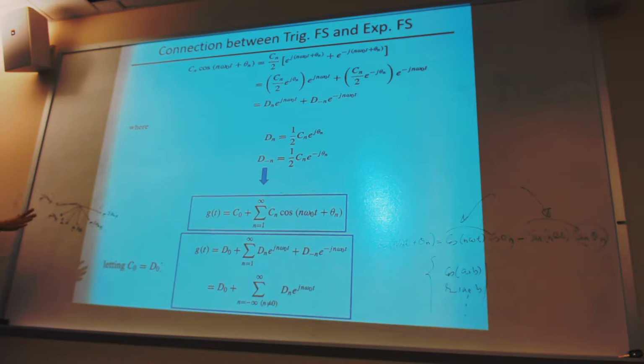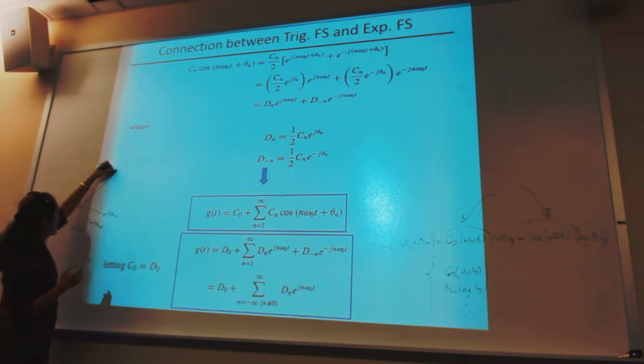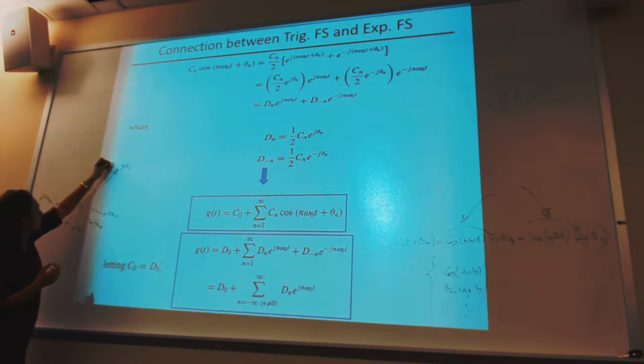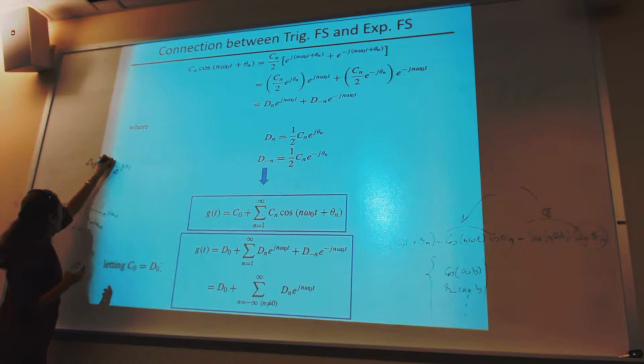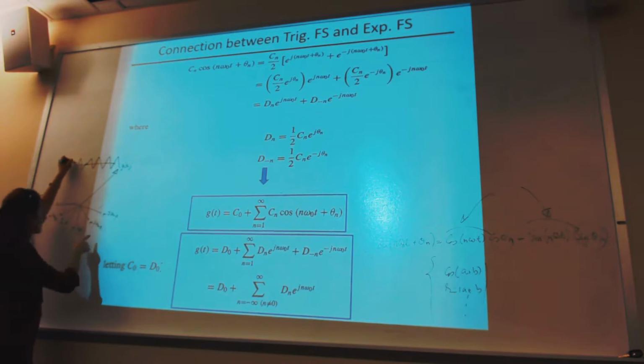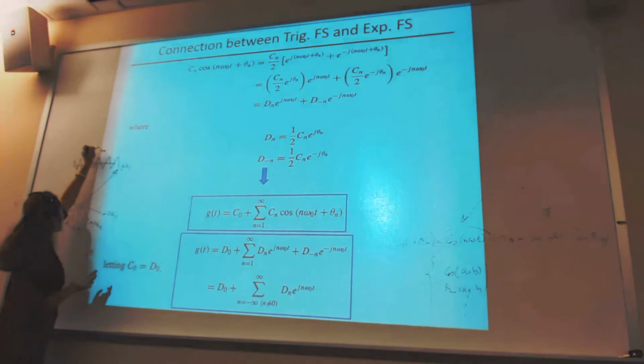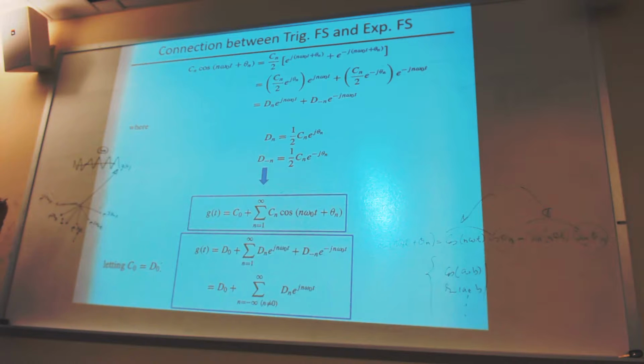Infinite. So this is your basis, and this is your signal, g of t. G of t could look like anything, but it has to have the same omega naught. And then you project your signal over all these bases.